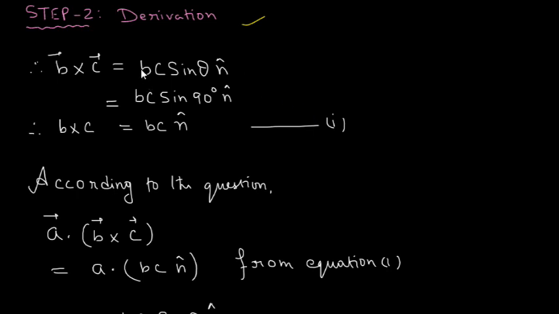So in our case, B cross C is equal to BC sin theta times the unit vector, where theta is 90 degrees, and this is equal to BC times the unit vector n. This is equation 1. According to the equation, A dot B cross C is equal to A dot BC unit vector n, from equation 1.